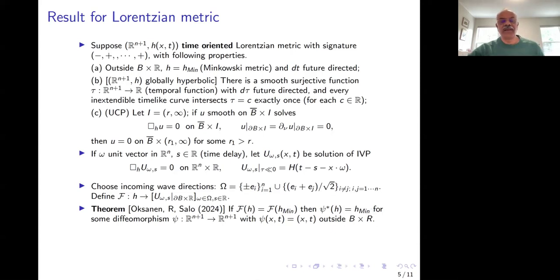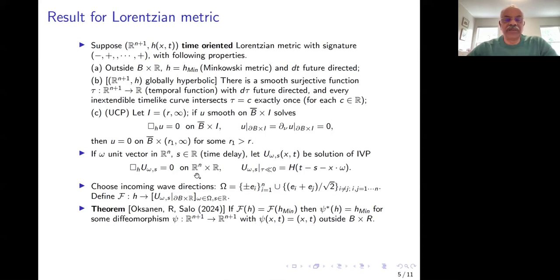So it's a result similar to the Riemannian case, except it depends on time. And notice that our h is non-homogeneous on an infinite dimensional domain. So this takes more work to do.